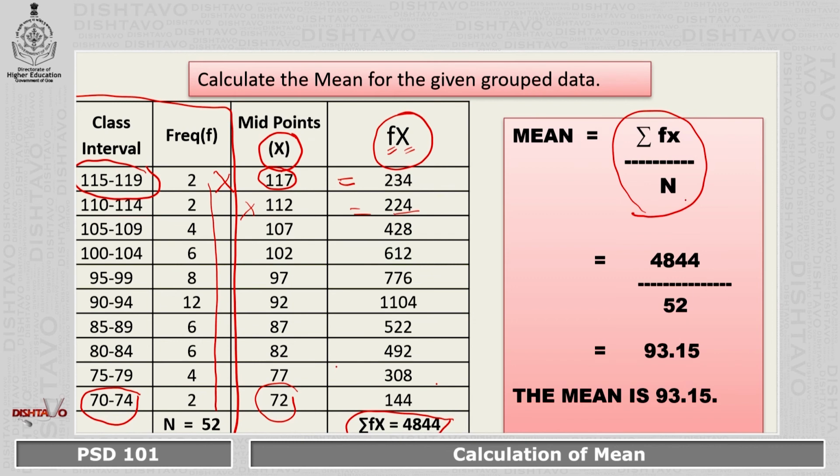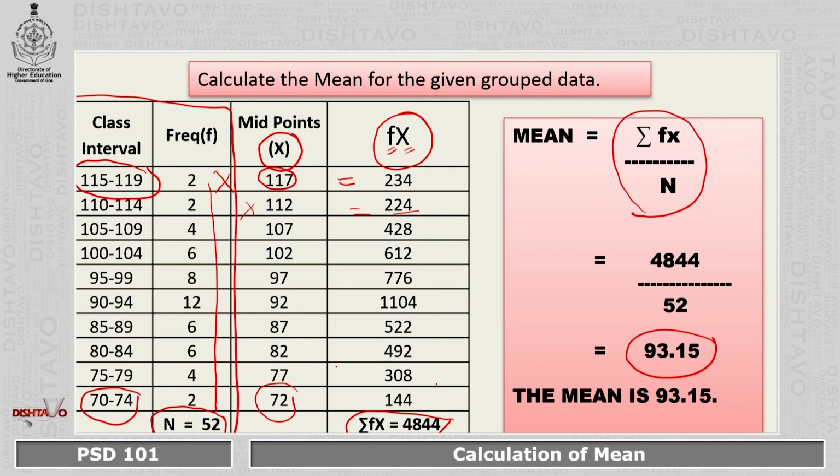We have already found sigma fx, which we substitute in the formula here, 4844. And upon n, the total of the frequency, is 52. So we put 52 here, and when we divide, the answer that we get is 93.15.